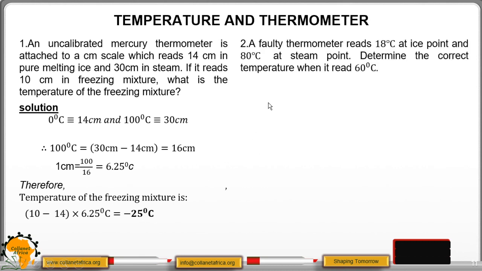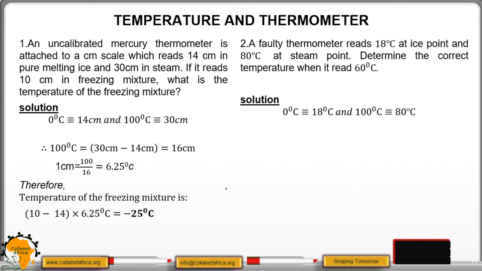We move to another example. A faulty thermometer reads 18 degrees at ice point and 80 degrees at steam point. Determine the correct temperature when it reads 60. Again, we look at the equivalence. 0 degrees corresponds to 18. 100 degrees corresponds to 80.